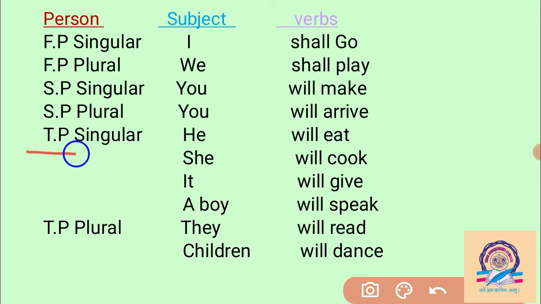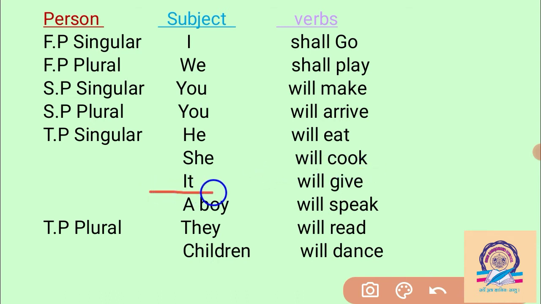Then third person: the speaker and listener are talking about another person, the third person. So they are in the third person. If the gender is masculine and there is only one person, we use he, and with he we have to use will. For she we use will cook.